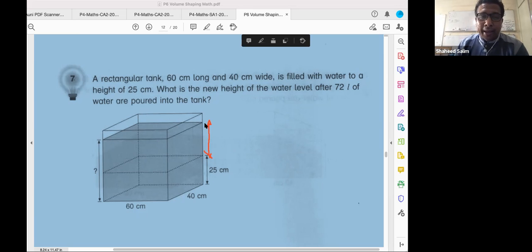Mr. Zahin, come. This one is 60. This one is 40. You got the volume you say is 72 liters, which is 72,000 cm3. What is the height, Zahin? Come on, use the formula.